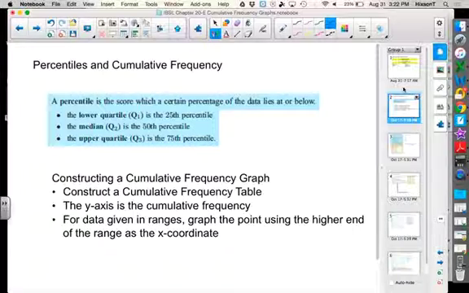And we usually end up having ranges of data because we've taken continuous data and classified it. And when you have those classes, you're going to plot the x-coordinate as the right-hand side of the range. Okay? So graph the point using the higher end of the range as the x-coordinate.